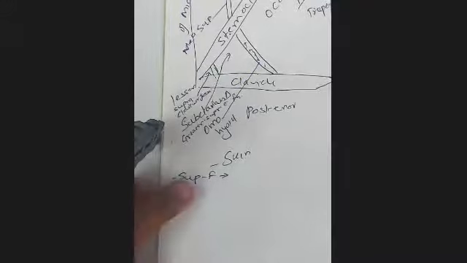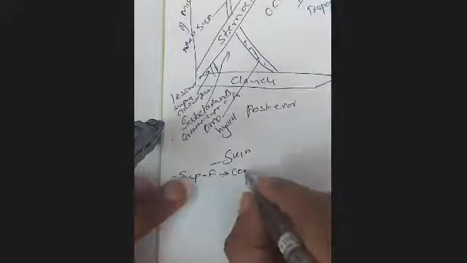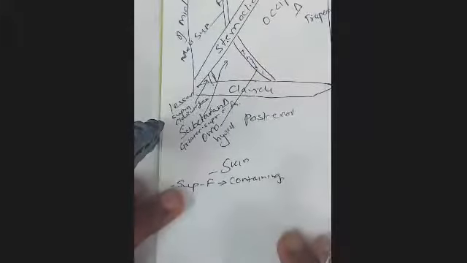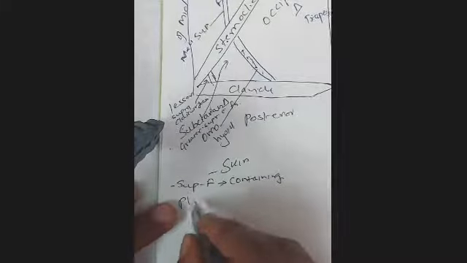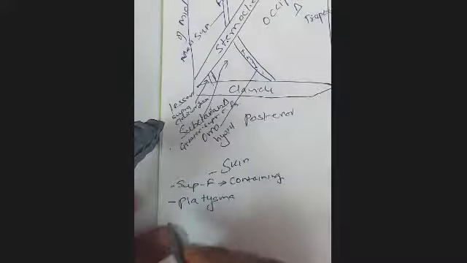Of course, here it's only the superficial fascia; deep fascia forms the floor. It's always superficial fascia containing, because superficial fascia will contain many structures and they will be counted as part of the roof. Like for example, here there is a muscle called platysma, the muscle of the neck.